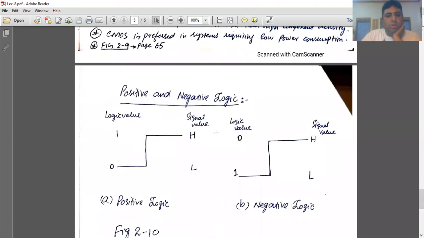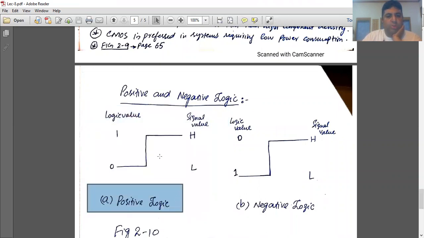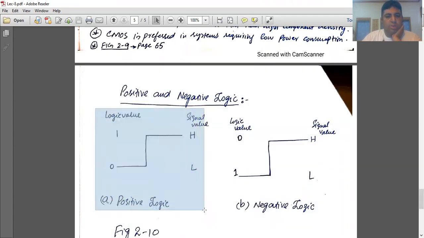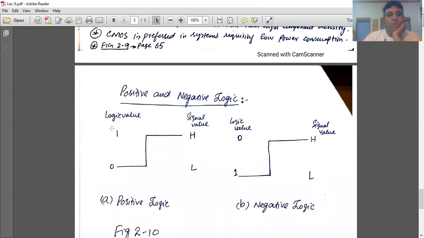This is positive and negative logic. Positive logic is written here, and this is the symbol of positive logic. In positive logic, you represent 1 by logic high. Logic high means logic 1, and logic low means logic 0.